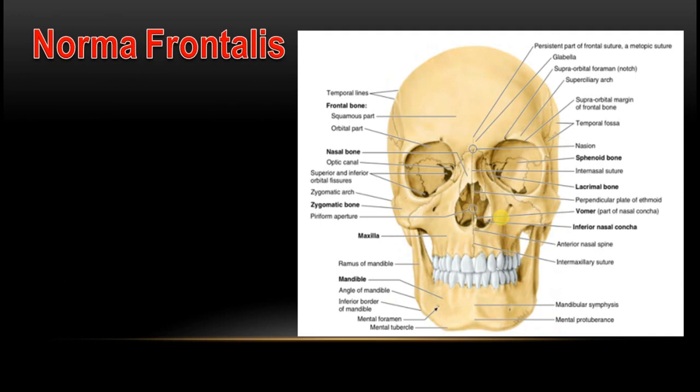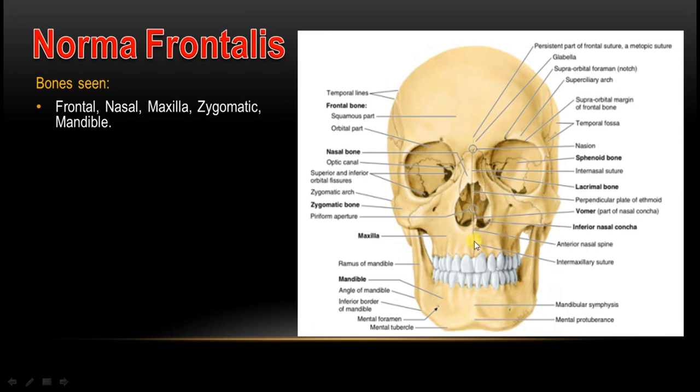Next, we will move on to the Norma Frontalis. First, let us try to understand what are all the bones which you can see in the Norma Frontalis. You are able to see the squamous part of the frontal bone here. Then the next large bone which you are able to see is the maxilla.